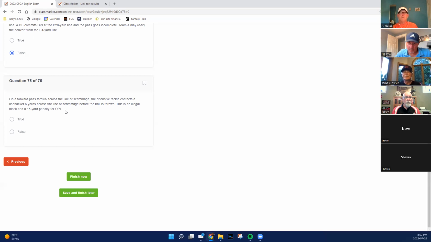Illegal lineman downfield, or more likely it's going to be the illegal block. But in this case, it's not a 15-yard penalty. So the correct answer on this one, to wrap up the CFOA exam for 2022, is what? False. There we go.